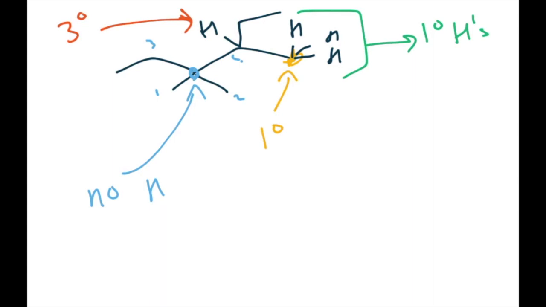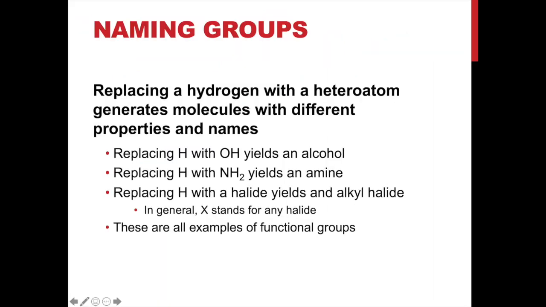All right, cool. So we can have things on our molecules other than carbon and hydrogen. And when we start changing hydrogens for different atoms, we get different molecules that have different names and different properties. So we're going to start with some basics here of naming groups or molecules.